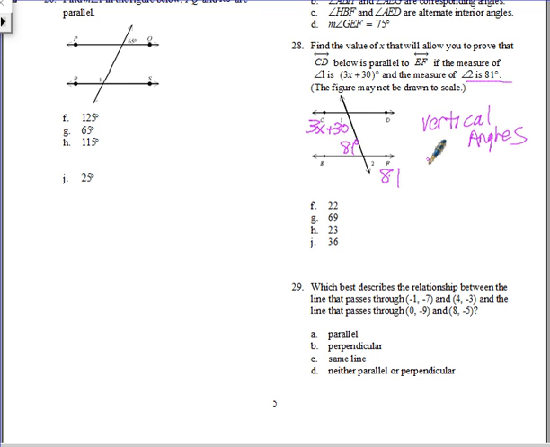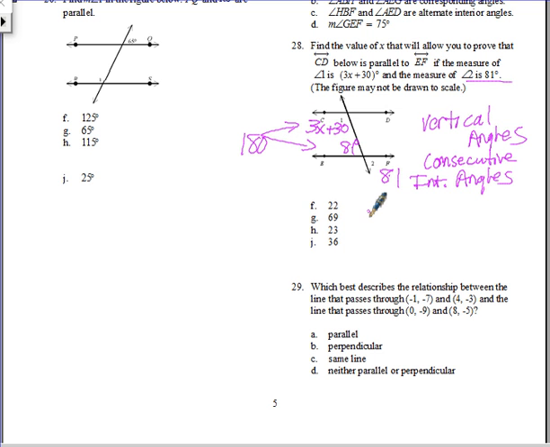And we know consecutive interior angles. Okay, so we have consecutive interior angles. We know that these two have to be equal to 180.